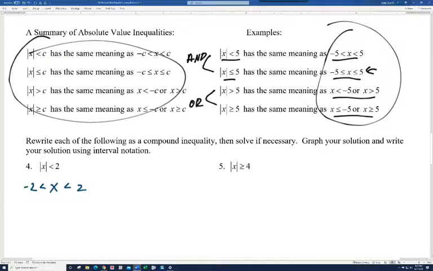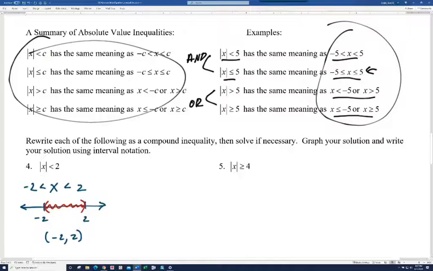So you have x is greater than -2 and less than +2. And when you graph that, it's everything between -2 and 2. And so -2 to 2 with parentheses on both sides, that's how we would write that in interval notation.